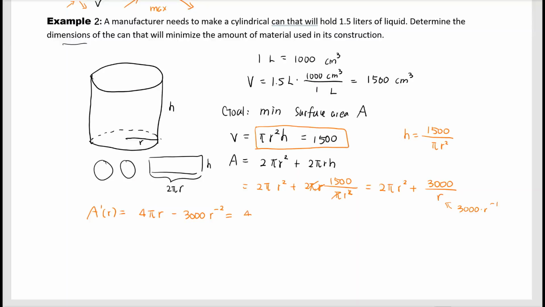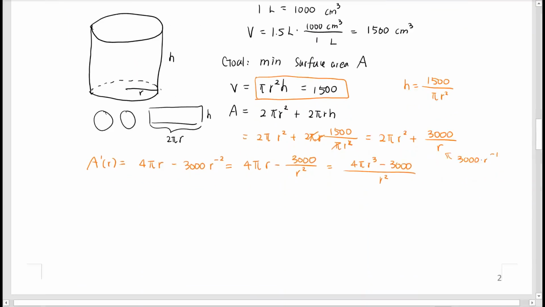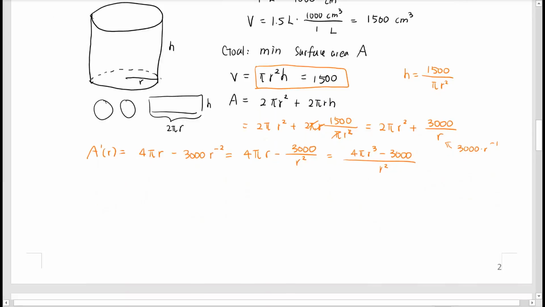When you see the negative exponent, don't forget it means that guy actually lives in the denominator, right? And then we want to take the common denominator. This guy would become 4 pi r cubed. Okay, so this is our derivative.